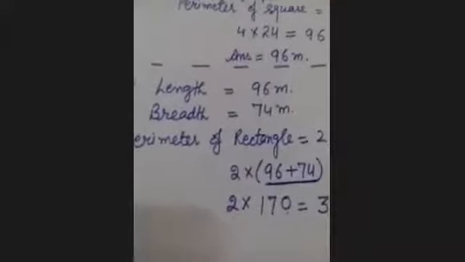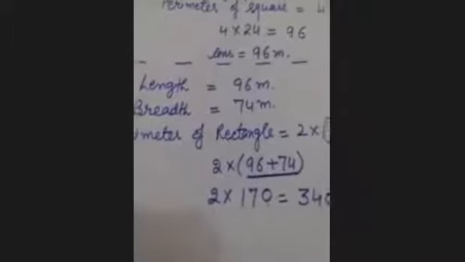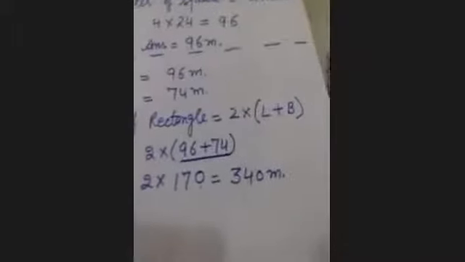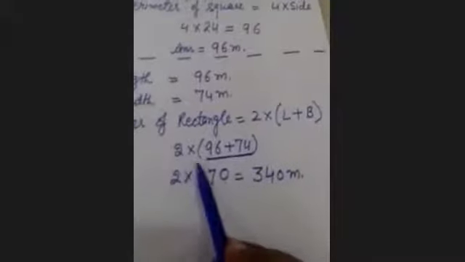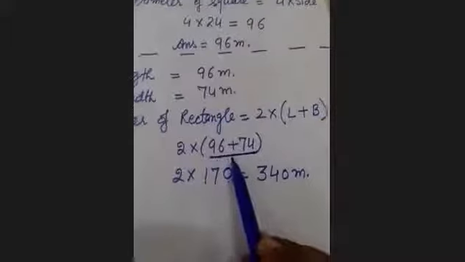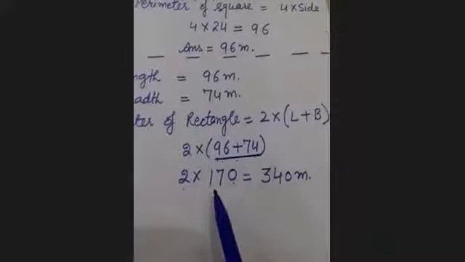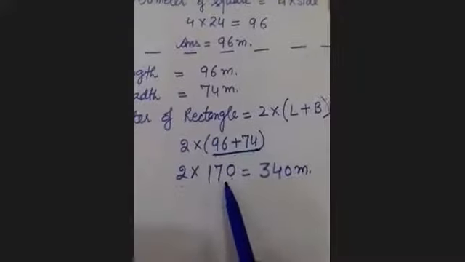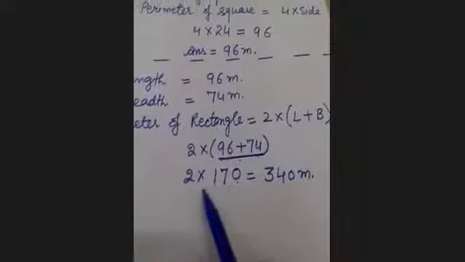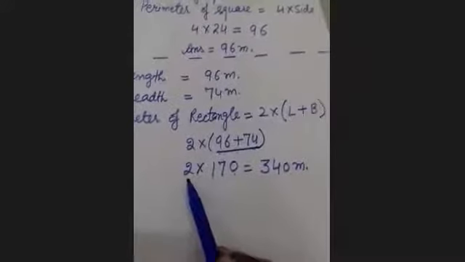In first part, students will find the perimeter of rectangle, that is 2 multiply length plus width. 2 multiply 96 plus 74. Now 96 plus 74 is 170. Now 170 multiply by 2.